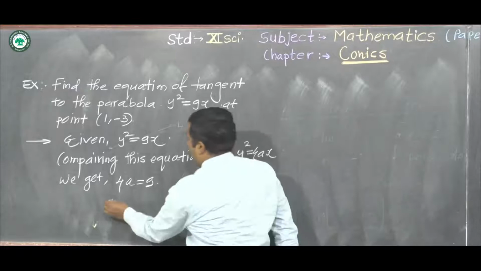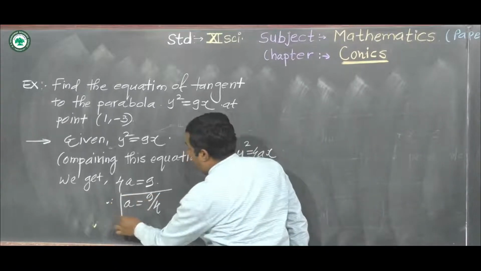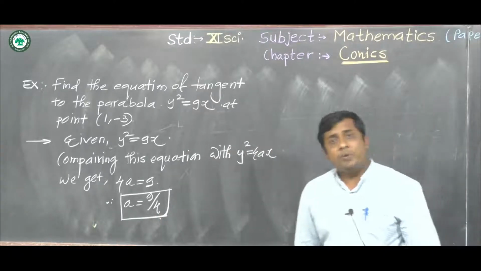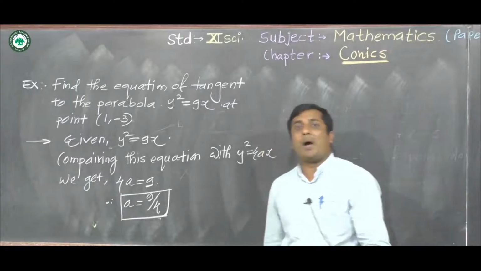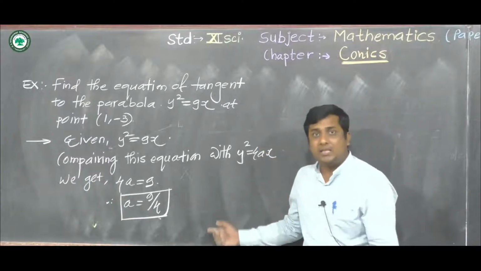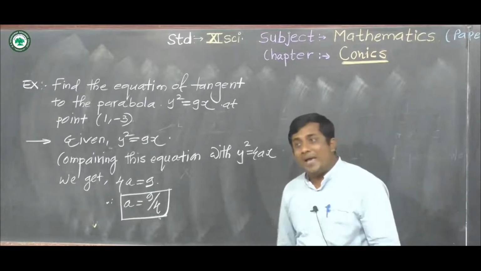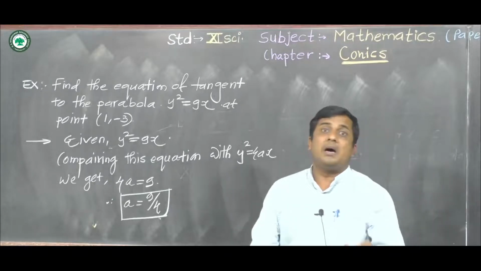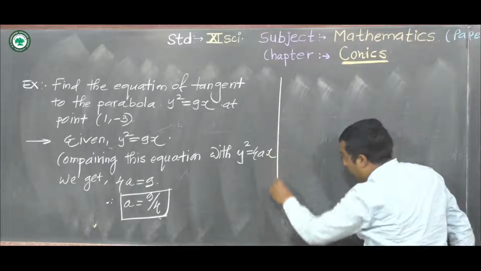That is, a is equal to 9 by 4. Firstly, we get the value of a. Now everyone knows the equation of tangent to the parabola y square is equal to 4ax at point P(x1, y1) is always y y1 equal to 2a into (x plus x1). So we use this equation.